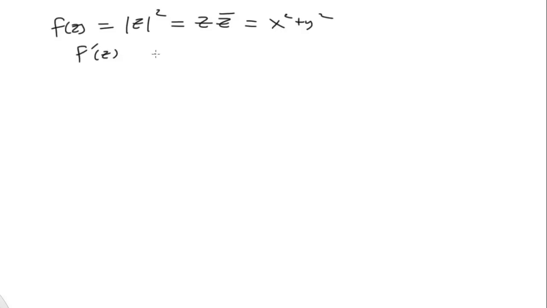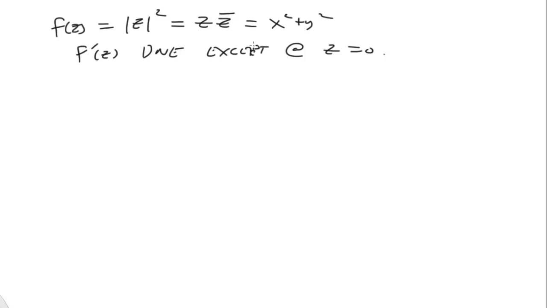First of all, let's go back to an example of something we know doesn't exist because we've already proven it. So let's look at f of z is equal to the squared modulus of z. And that's equal to z z bar, which is also equal to x squared plus y squared. All right, so we already know f prime of z does not exist except at z equals 0.